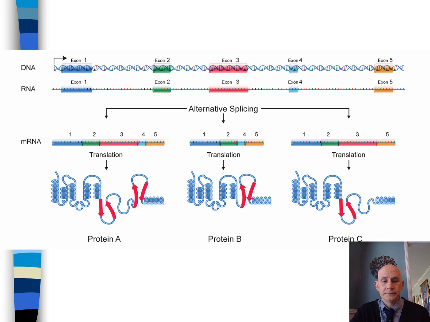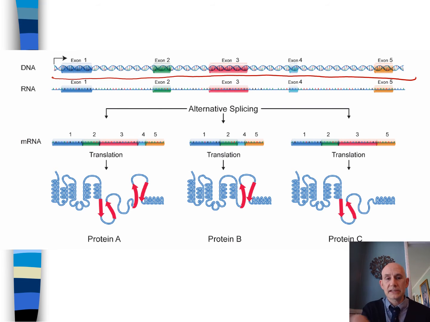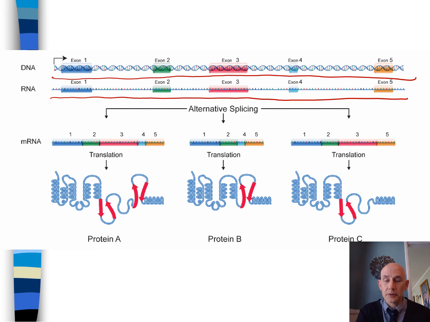And so you've got your introns and your exons, and what can happen, as we see in the next picture, is that you've got all of your DNA right here that is transcribed into your mRNA. But then based on what exons are removed with the introns, you can have different mRNA sequences. And so from the same gene, you can actually have multiple polypeptides being made.